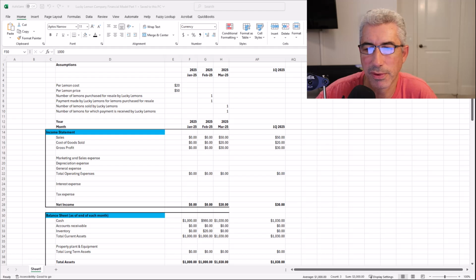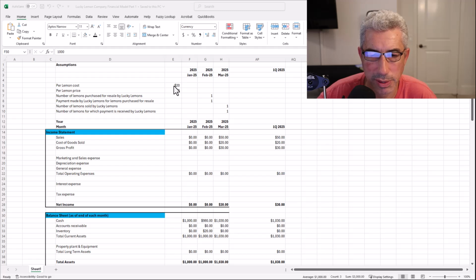All right, now let's go to the spreadsheet, and you can download this spreadsheet at the link below. And so this is a spreadsheet. This is the financial model for Lucky Lemon Company. What we first have is the cost of a lemon. Now, I know these are very expensive lemons.